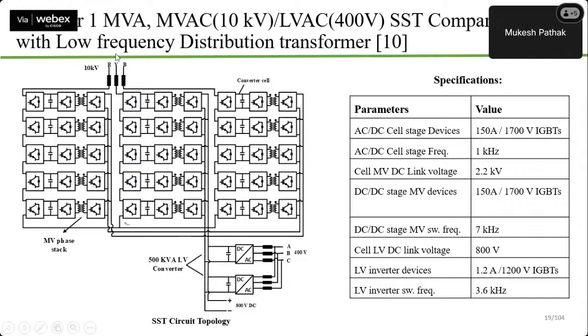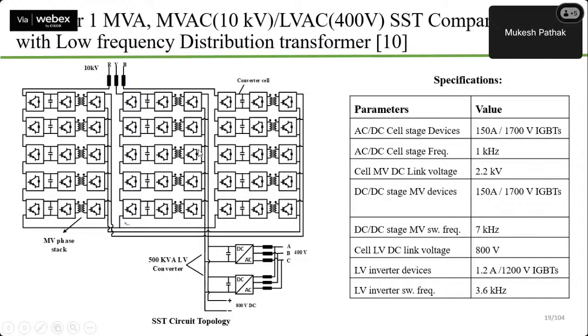This is a star connection here. This is a three-phase supply, so 10 kV input. Three lines are connected to the first converter, second converter, and third converter, and the outputs of all of them are forming a DC link, and this is a DC link here, which will have individual converters for converting this DC to AC.